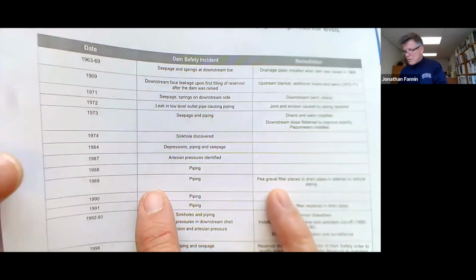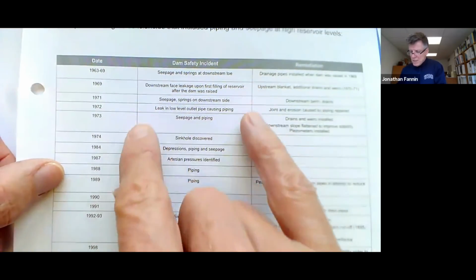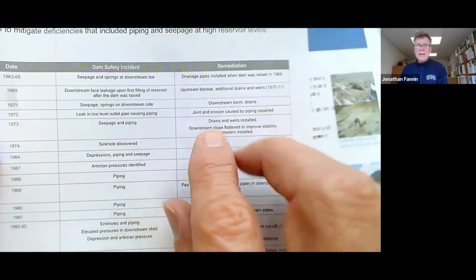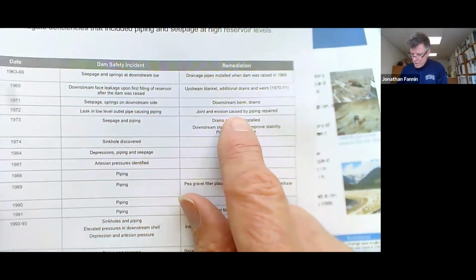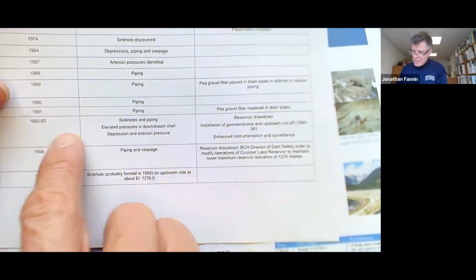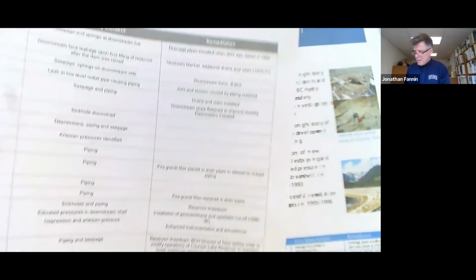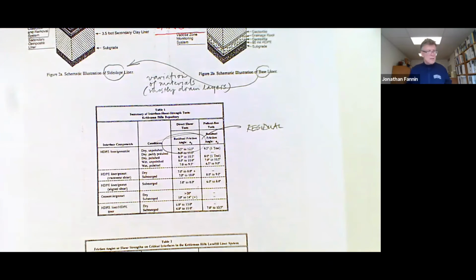And in order to try and address that and mitigate the poor performance, remedial works were undertaken, and those remedial works included, in the early 1990s, installation of a geomembrane. And let me speak to the installation of the geomembrane.